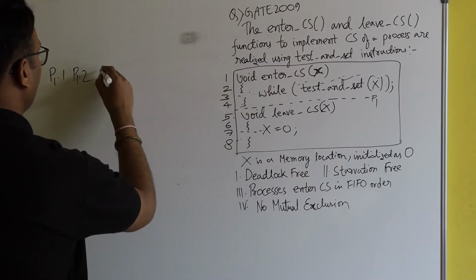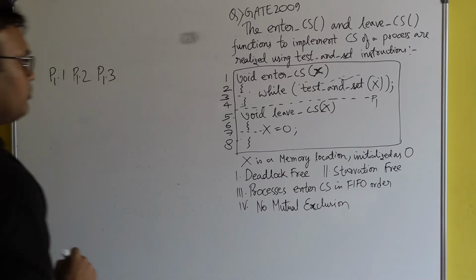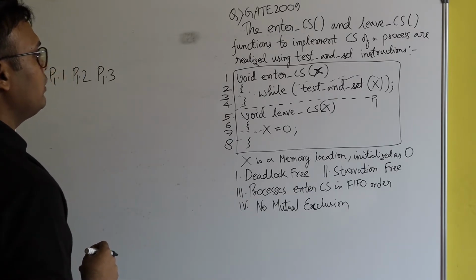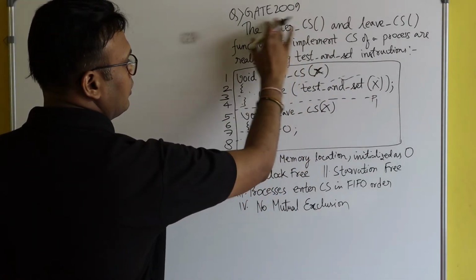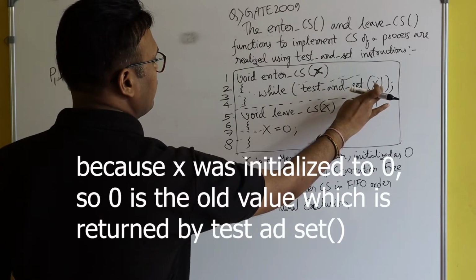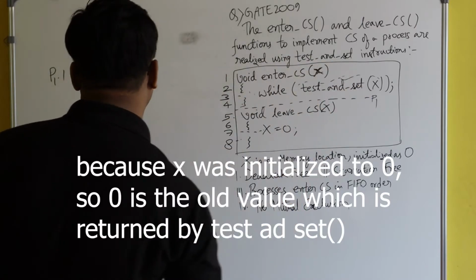P1 now will execute line number 3, fine. So when P1 will execute line number 3, what will happen? 0 will be returned here. This while loop will be broken and P1 will enter inside the critical section.